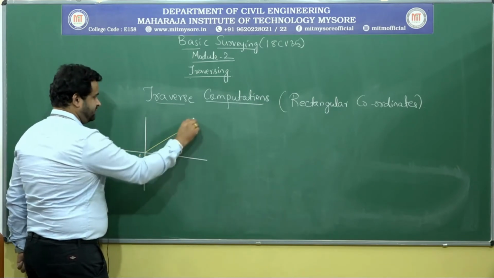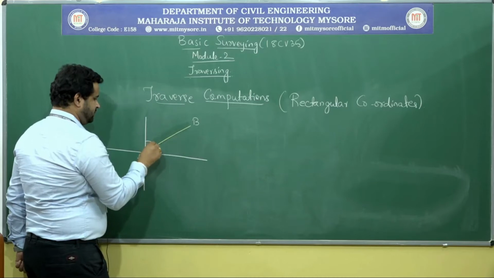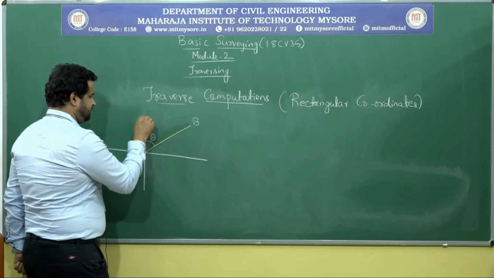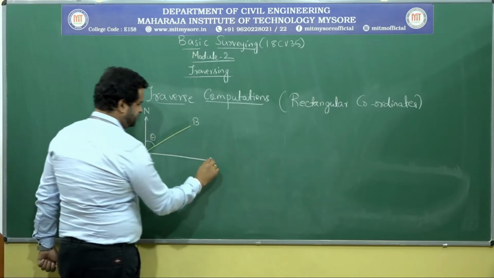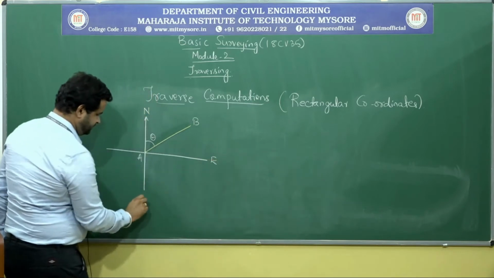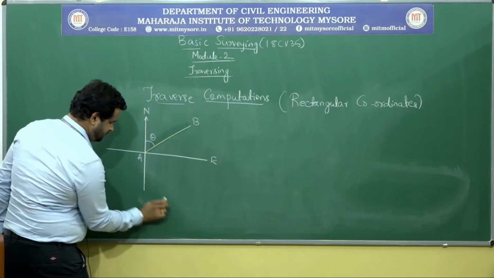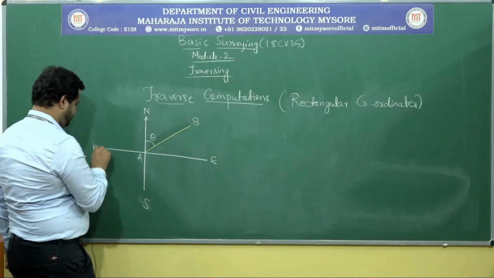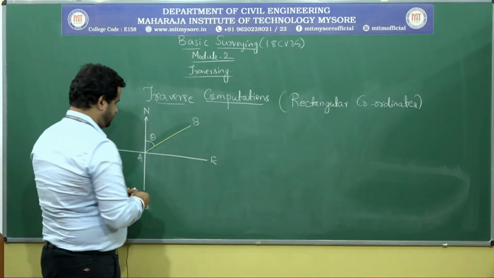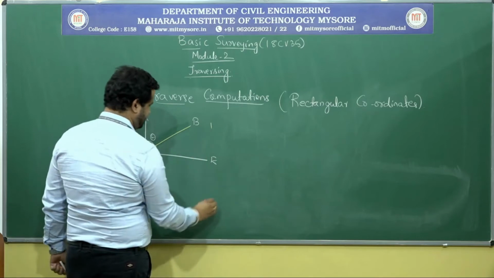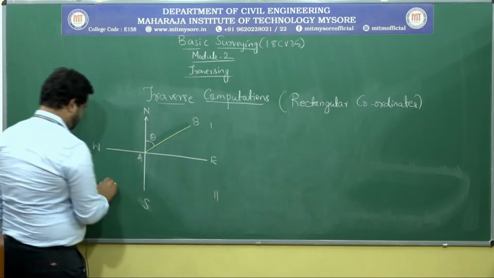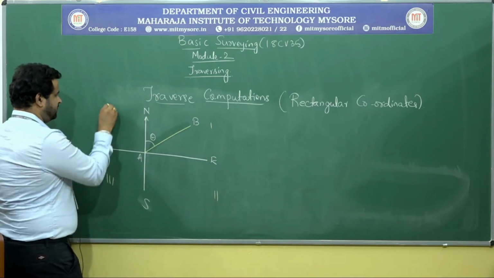Let this be A and B and this be angle theta. This is again north, east, south and west. Okay. So, I will mark the quadrants as well. First quadrant, second quadrant, third quadrant and fourth quadrant.